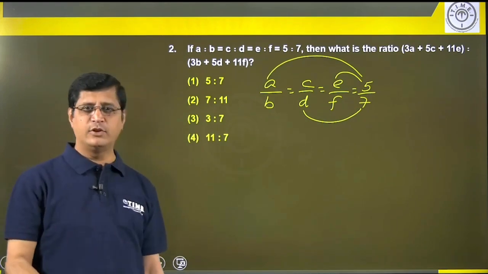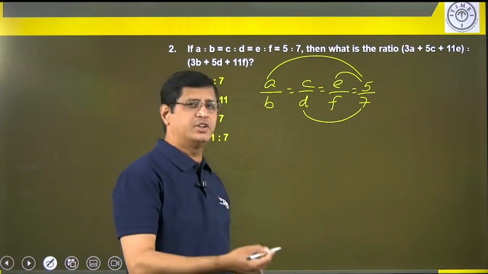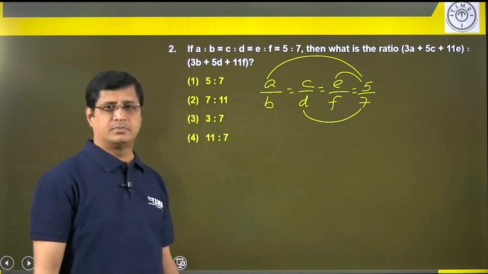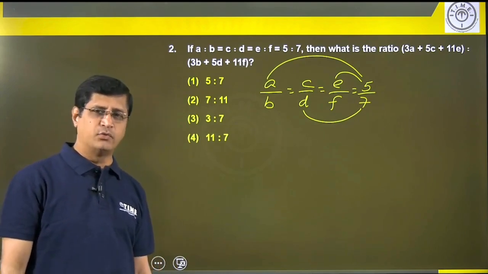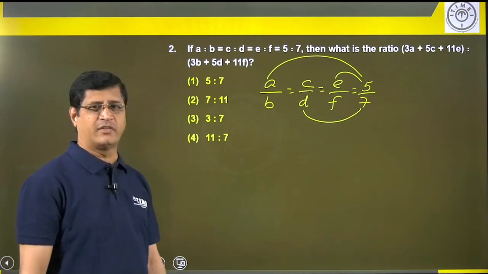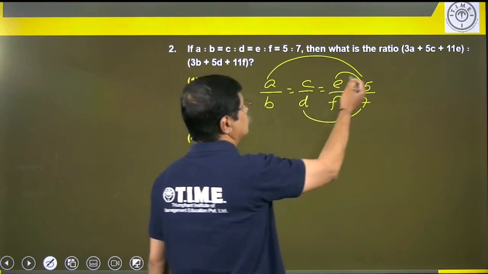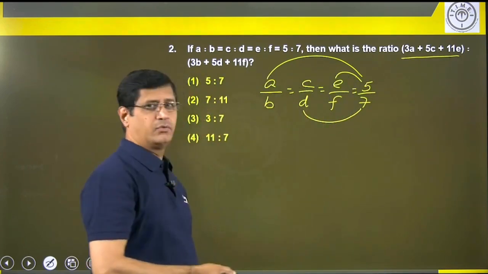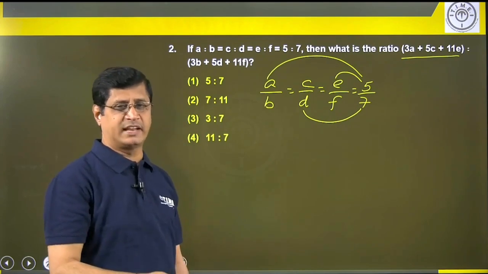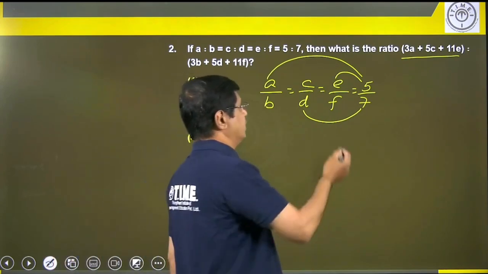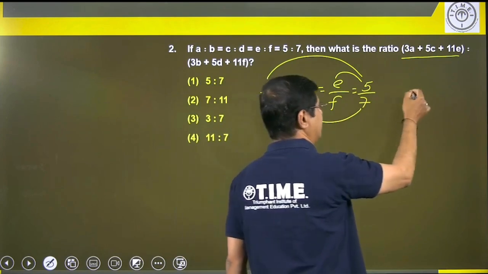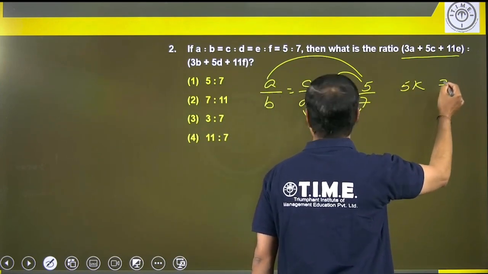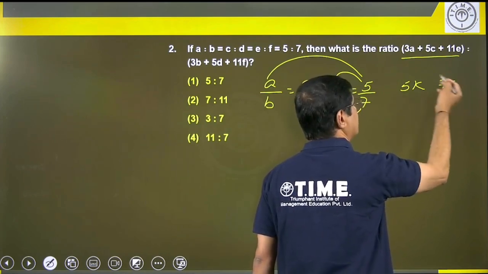Each ratio is equal to 5/7. Means the values of A, C and E are 5k. Similarly, the values of B, D and F are 7k. Now look at the first part: 3 times A, 5 times C, 11 times E. So here ACE is 5k, and BDF is 7k.